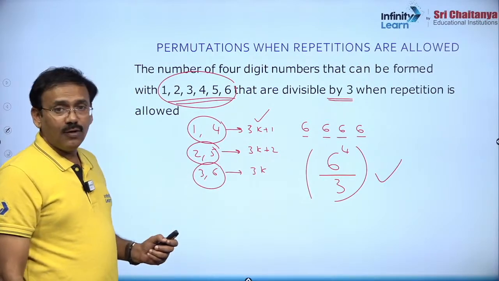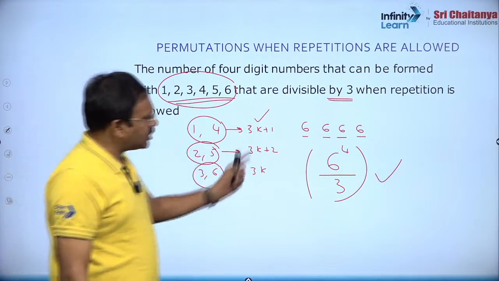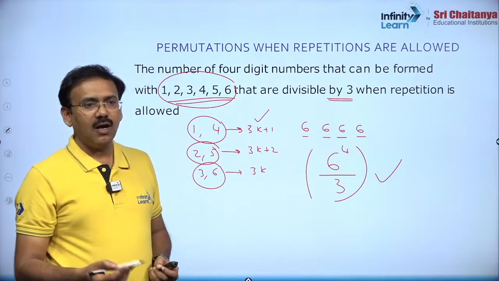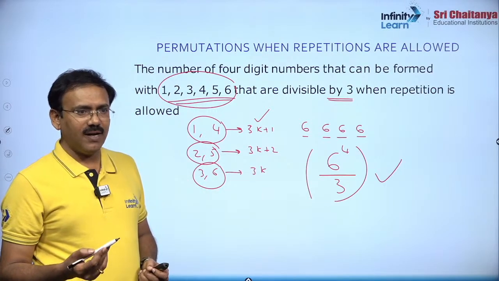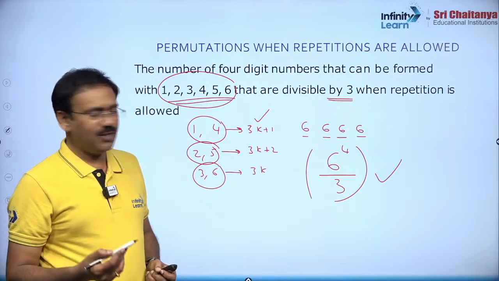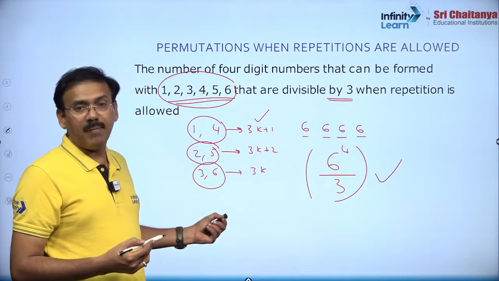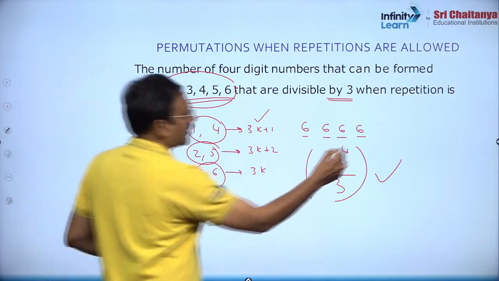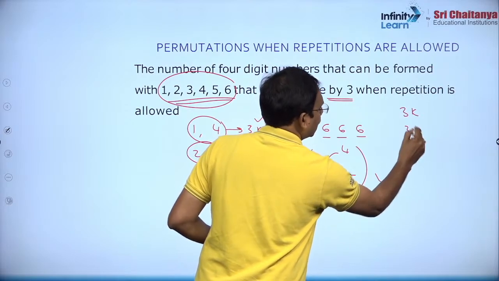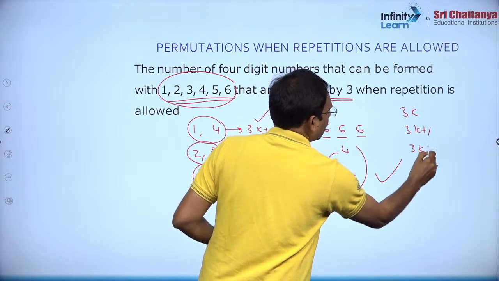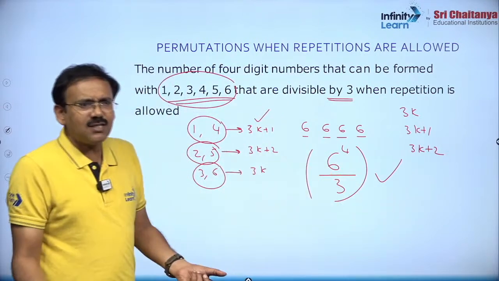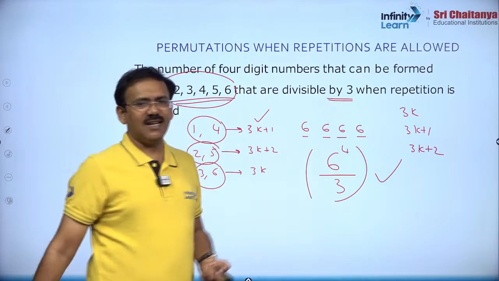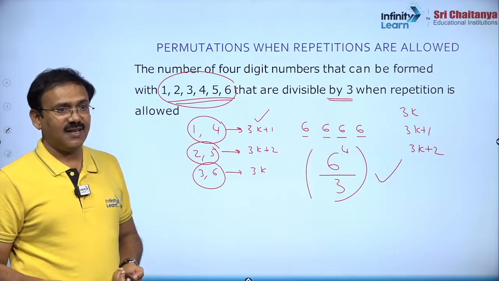So if you form all the 4-digit numbers, there will be 6 power 4 numbers. Of these, since all are equiprobable, you will definitely get 1/3 of 3k type, another 1/3 of 3k plus 1 type, and another 1/3 of 3k plus 2 type. I just want multiples of 3, so you will get 1/3 of this. That's all. I don't divide into cases.